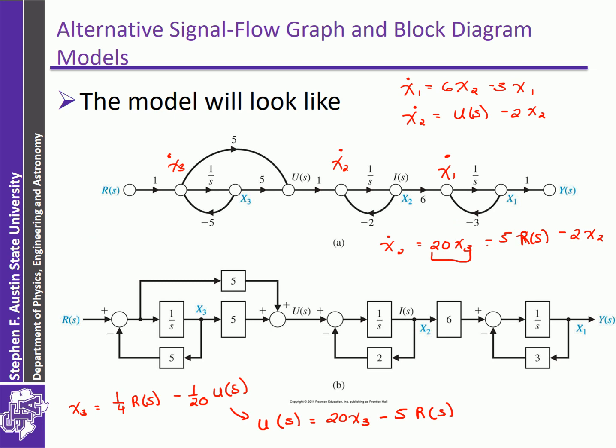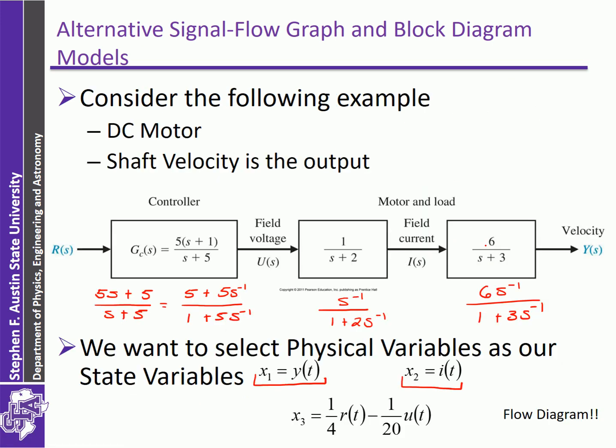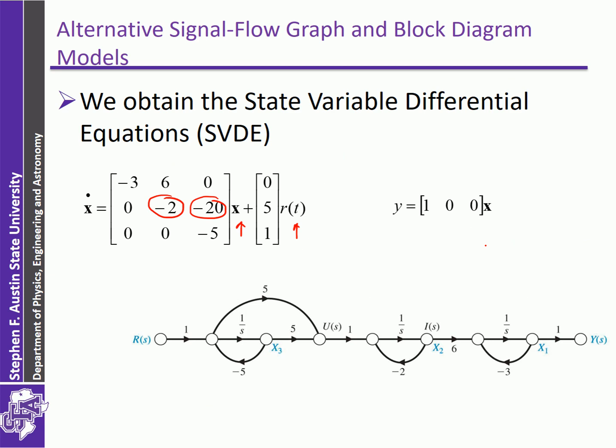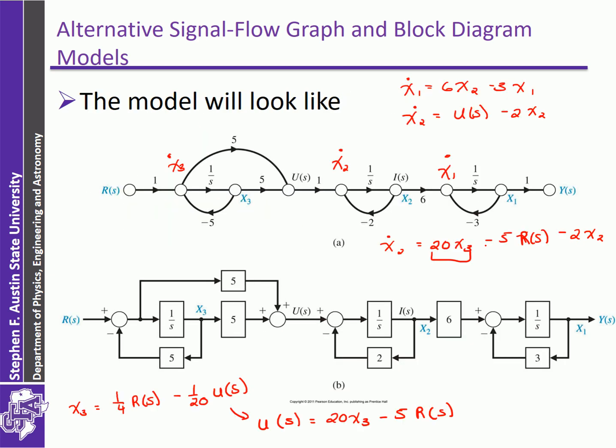I have a sign that is missing somewhere. Seems like I'm missing a sign. Let me find it. So we have a minus 2x2. Then we have minus 20x3.